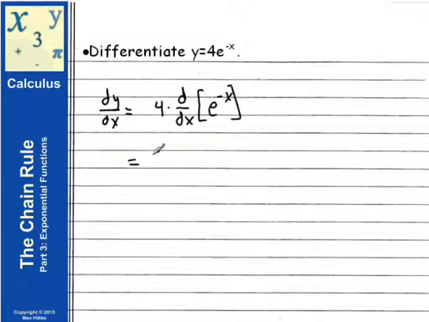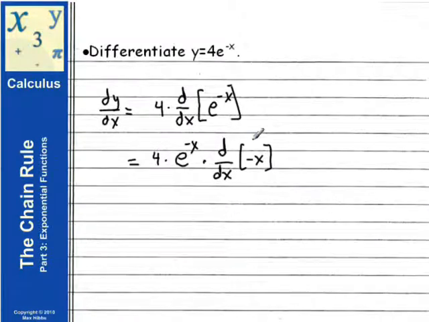Well, here's our 4. Now, to take the derivative of e to the power, it's e to the same power, so it's e to the power negative x, but then we have to multiply by the derivative of the power itself. In this case, that's the derivative of negative x, which is nothing more than negative 1.